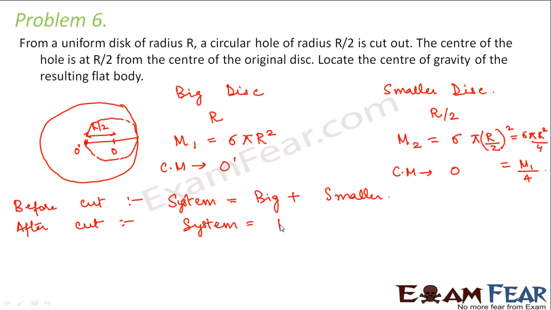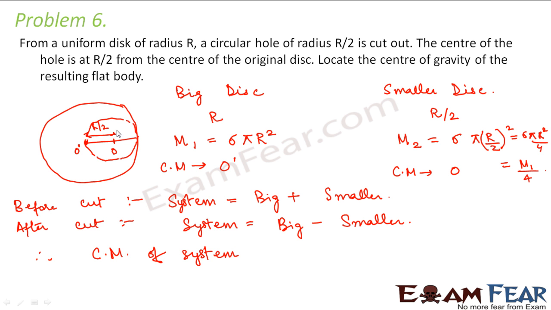My system is bigger disk minus smaller disk. Are you getting that? So what would be the center of mass of the new system? The center of mass of the new system after it has been cut will be equal to m1 r1 plus m2 r2 divided by m1 plus m2. That is the definition of center of mass.